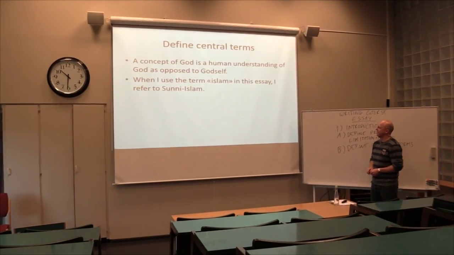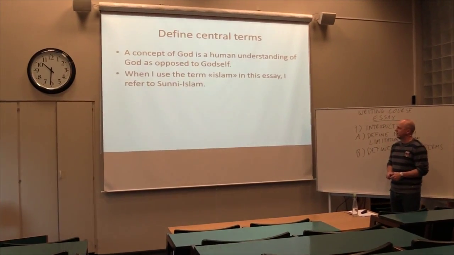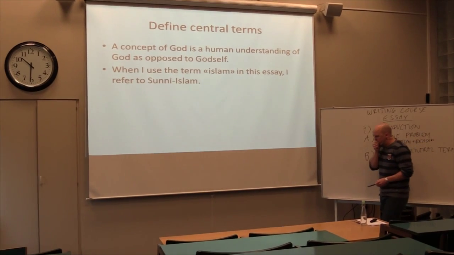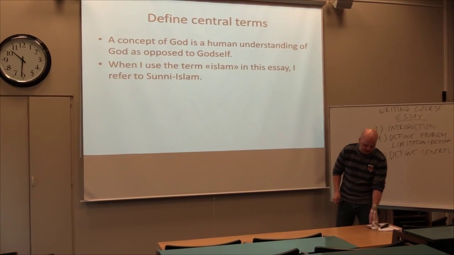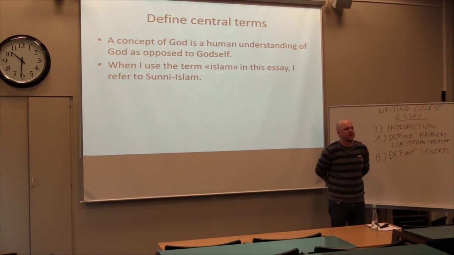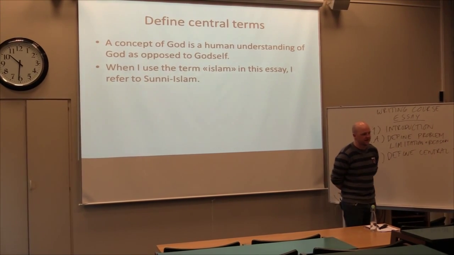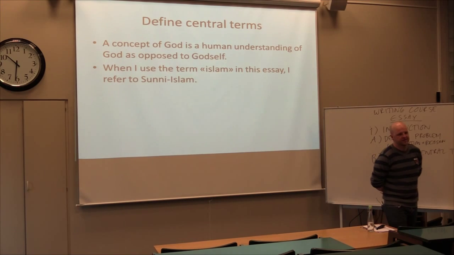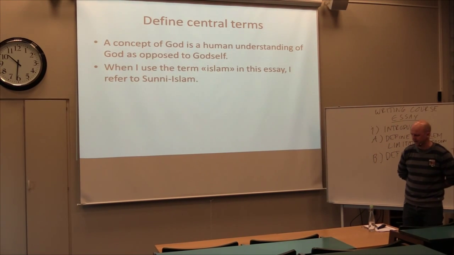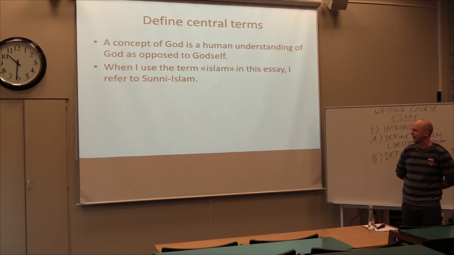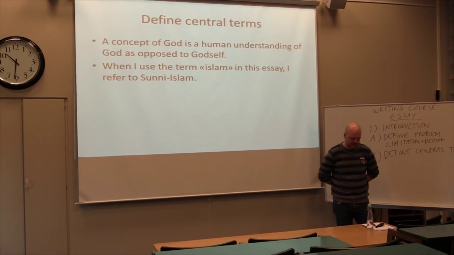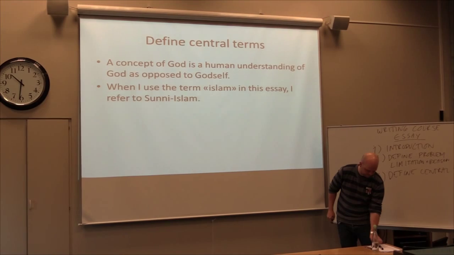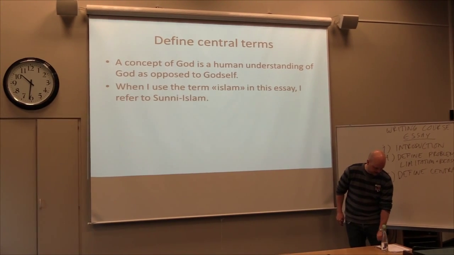And one could say, by Islam, I'm going to refer to Sunni Islam. Because that's also something you can do. You can say what you mean, but instead of saying autonomous duty ethics or something long term and repeat that again and again, you can just say, by duty ethics, I mean autonomous duty ethics. So that was that point.